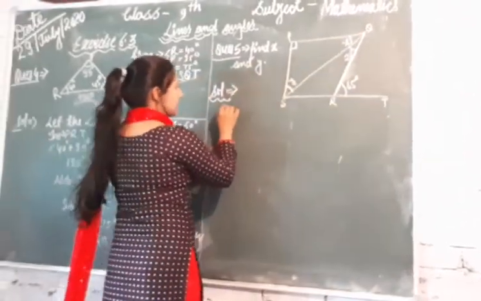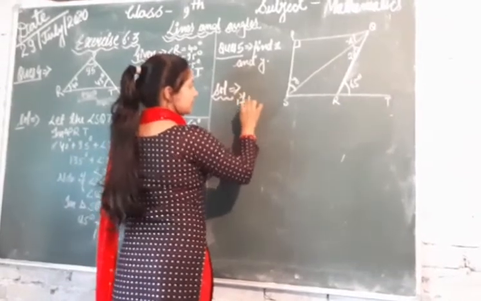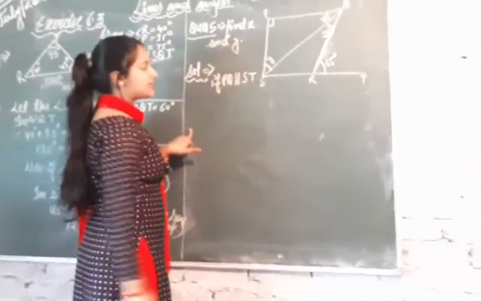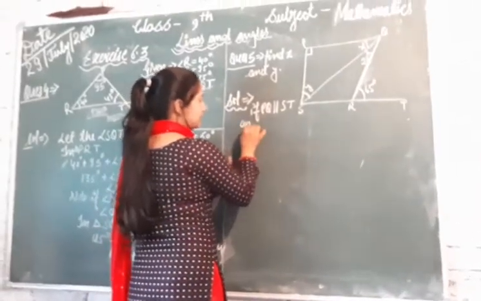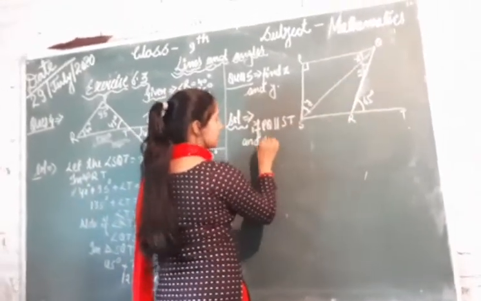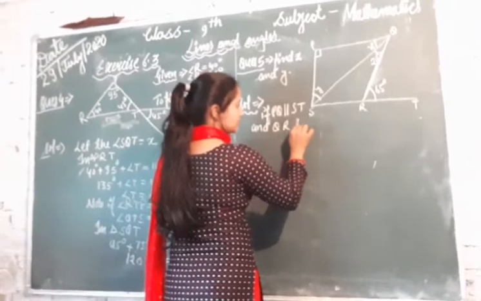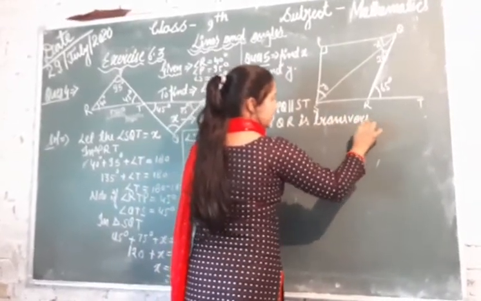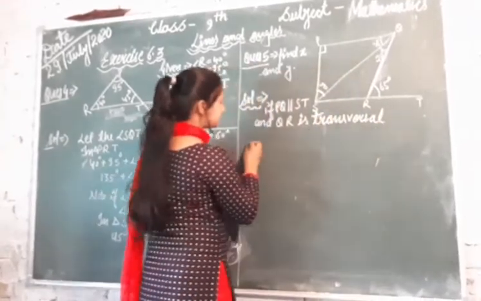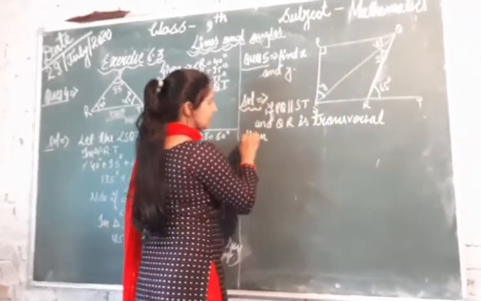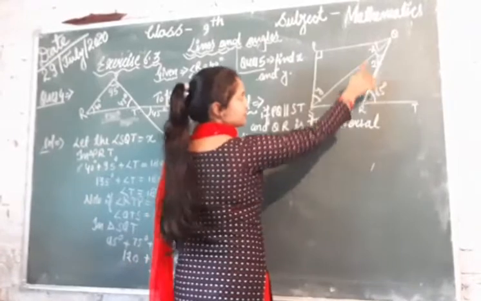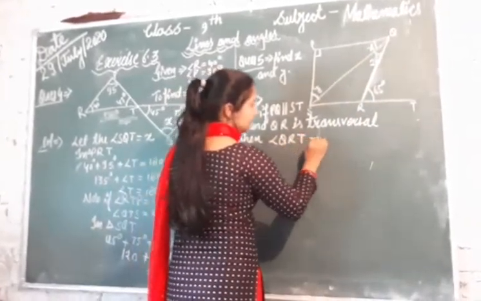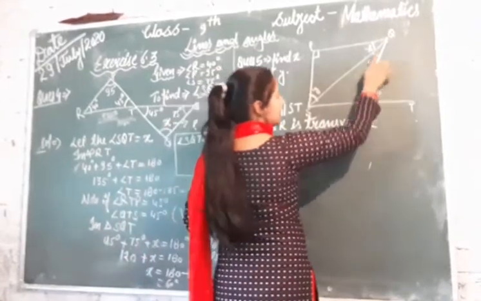That means if PQ is parallel to ST and QR is the transversal, then angle QRT is equal to angle RQP.